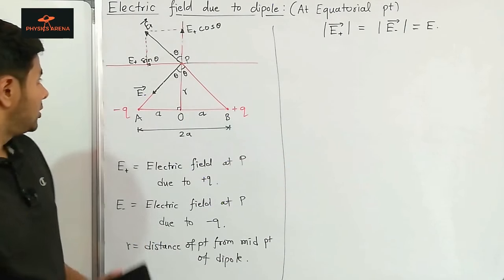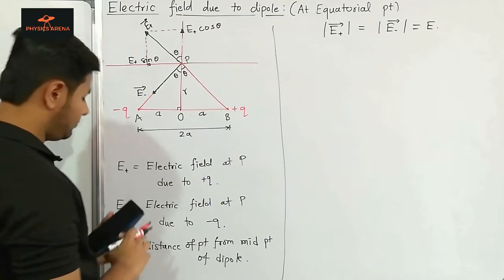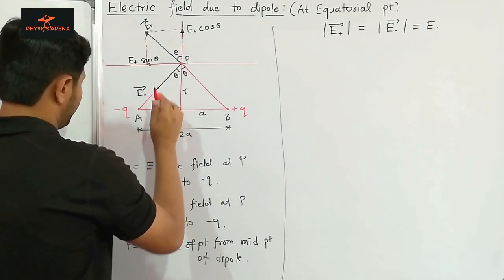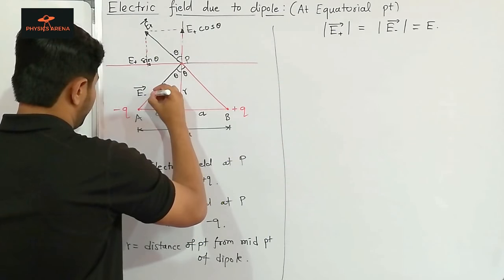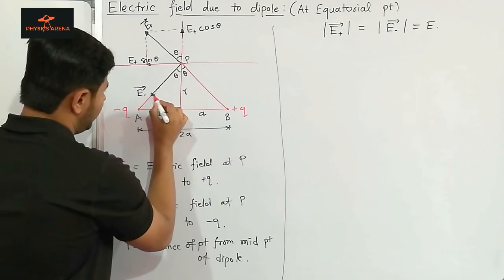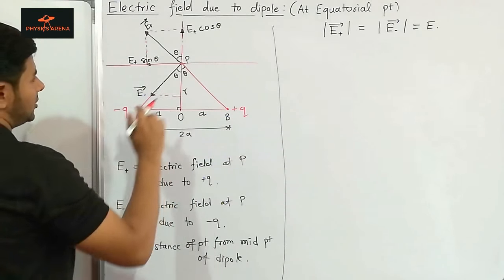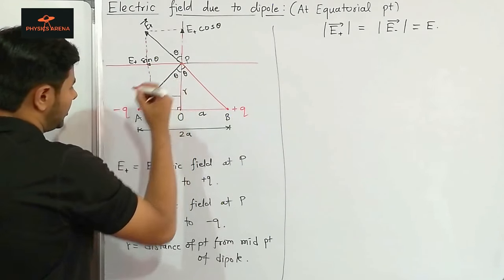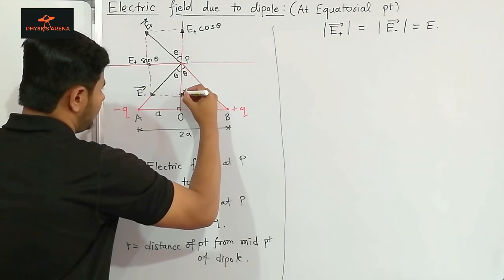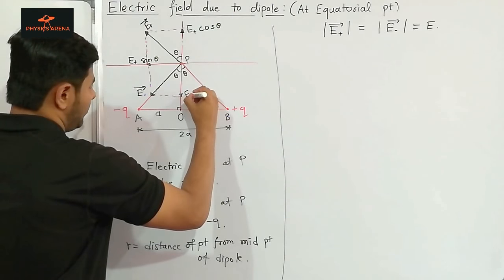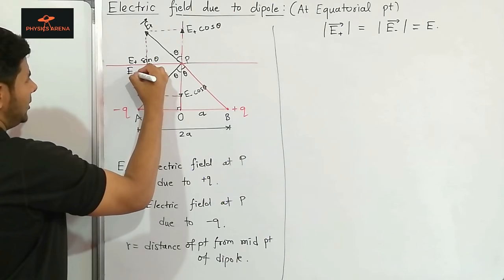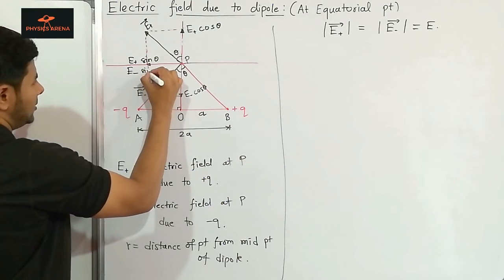Similarly, for E minus, this component will be E minus cosine theta, and the component here will be E minus sine theta.